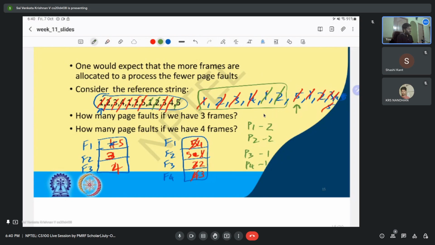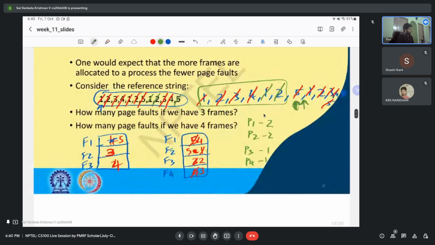The reason is, say if you increase the number of frames, at this position, you are just capturing the page to frame association at this point in the reference string.